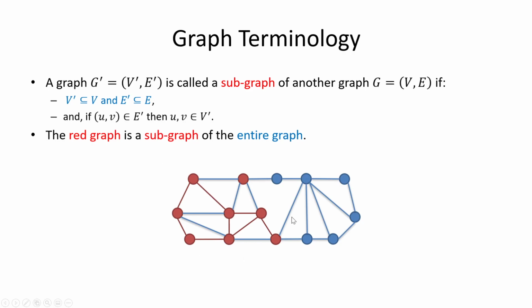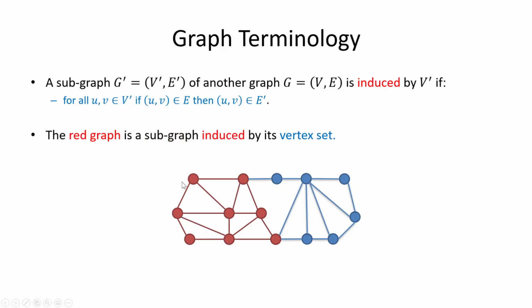Now I have tried to highlight here that this subgraph is somewhat arbitrary. I just picked some vertices and some edges that satisfy this. You'll notice the way I've selected this subgraph, it's disconnected. This vertex here is isolated from the others. It's an island. And I haven't included all the edges I could have included for these vertices. If I did include all of the edges that I could have included for these vertices like this, then we say that the subgraph is induced by this vertex set.